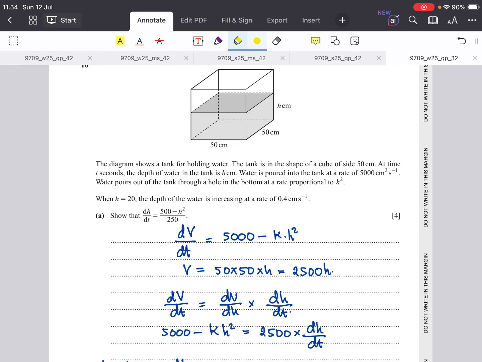So we start from dV over dt. dV over dt can be expressed into dV over dh times dh over dt.